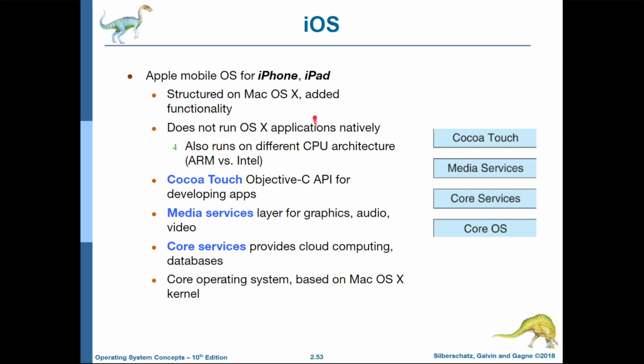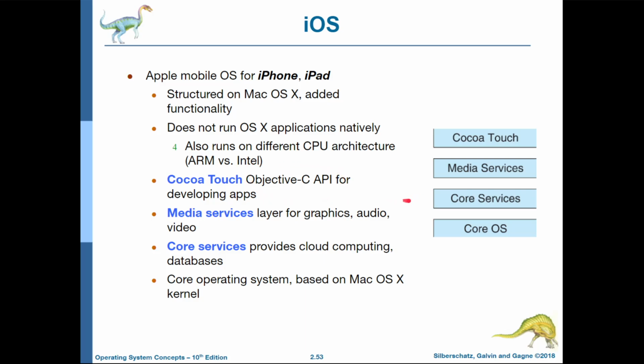iOS is actually very similar to Mac OS X. It uses a lot of the same code, in fact. It does not run OS X applications natively. It has a different interface on how these things work. There's Cocoa Touch. It used to be Objective-C; it has actually moved to Swift.